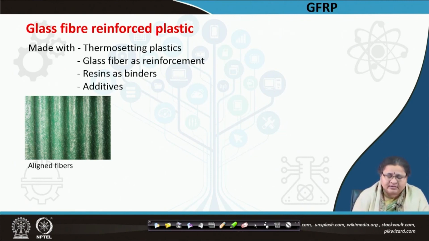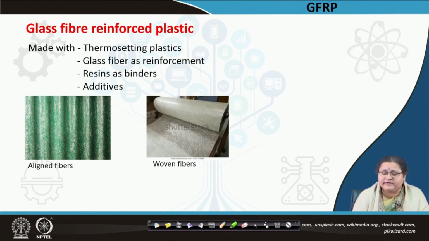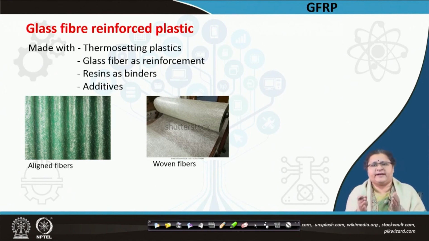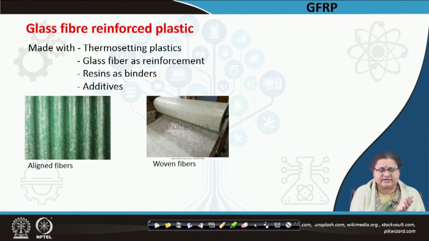These have unidirectional strength reinforcement. You can have woven fiber where the strength is in both directions. You can bend it this way, you can bend it this way, because it is ultimately going into plastic. Now, you see in this unidirectional, the aligned fiber, this has the waviness or the corrugation.